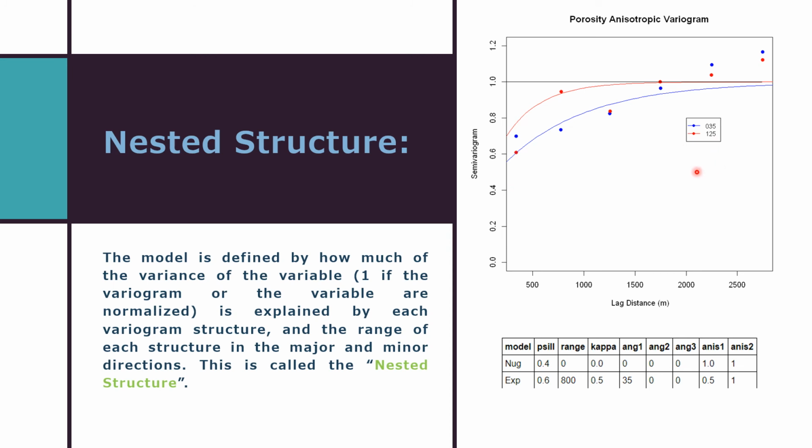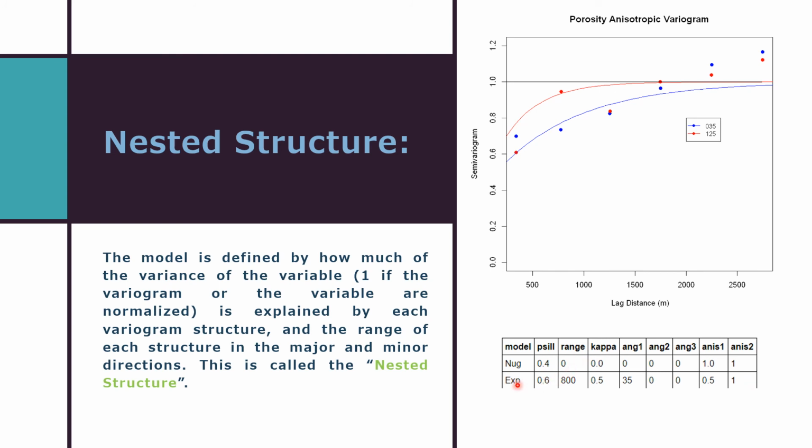So that's something to remember, that the nugget effect is always used to push the variogram model to start from a point, not 0. And that's useful because sometimes we have variogram structures with so much discontinuity at very short scales, and the nugget effect is used to explain that.